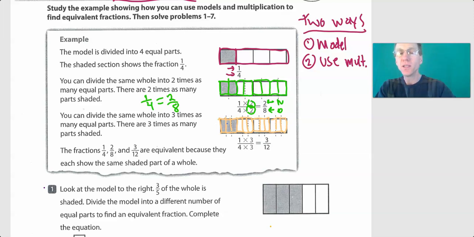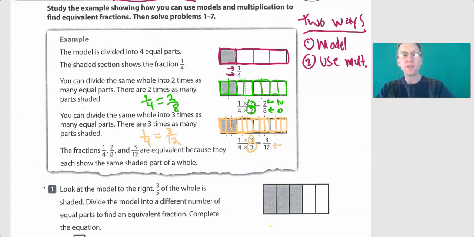Here's 3, 6 in this part, 9, 12. That's where the 12 comes from. And instead of 1 big slice like we have up here, we have 3 little slices. We tripled it. That's why it's times 3. So 1/4 is also equivalent to 3/12.